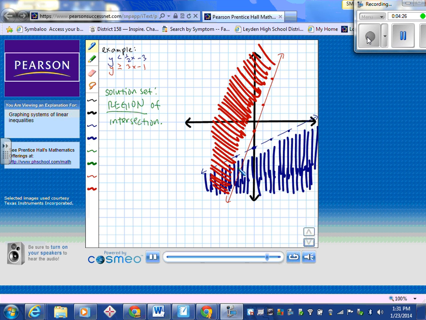And it seems to be this little chunk of the pie right here. So I'm going to draw a nice little arrow directing us to that right there. This little region and everything sort of below it, if we stretch out these lines, is going to represent the solution set of this system of linear inequalities.